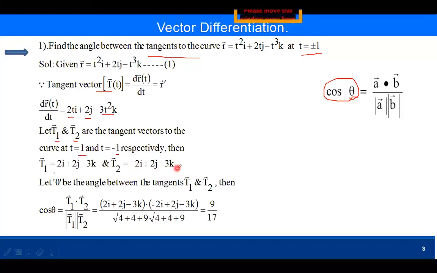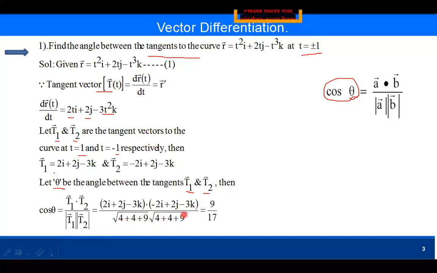Suppose theta is the angle between these two tangent vectors, then cos theta equal to a bar dot b bar upon magnitude of a bar into magnitude of b bar. So t1 bar dot t2 bar upon magnitude of t1 into magnitude of t2. So t1 bar is 2i plus 2j minus 3k, dot minus 2i plus 2j minus 3k, upon magnitude of t1 into magnitude of t2.